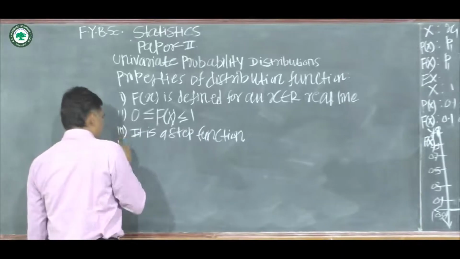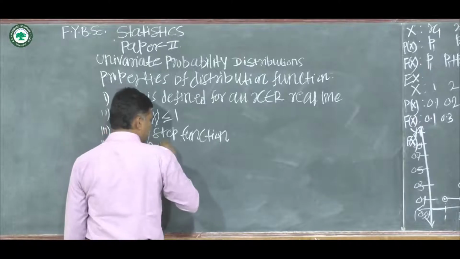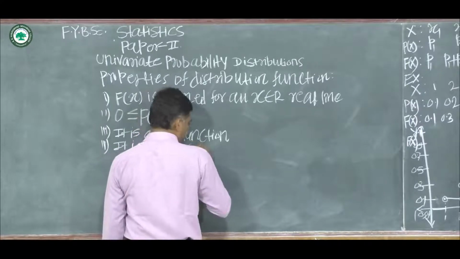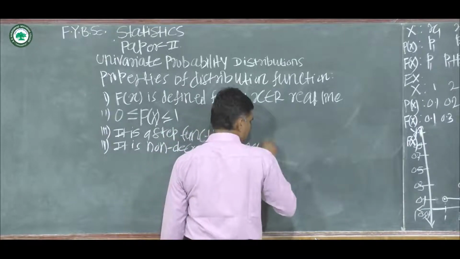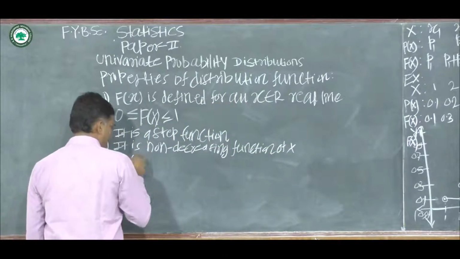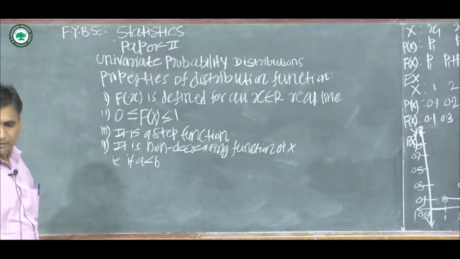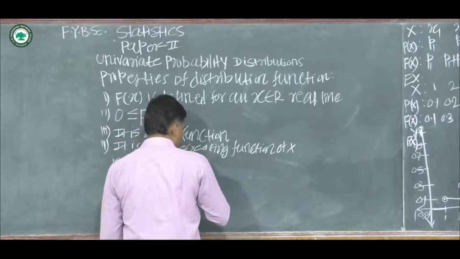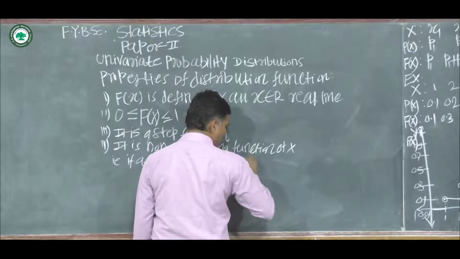Then next property is it is a non-decreasing function of x, that is, if a is less than b, then capital F of a is less than or equal to capital F of b.